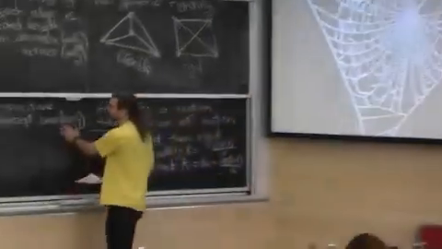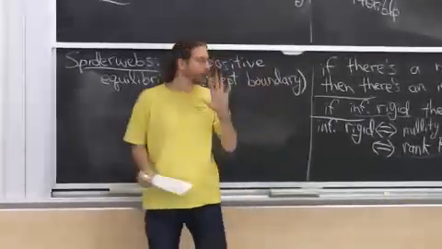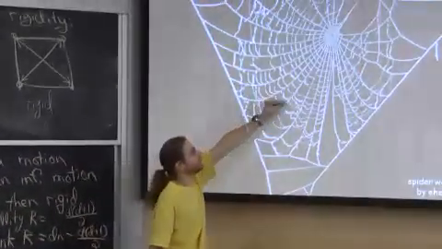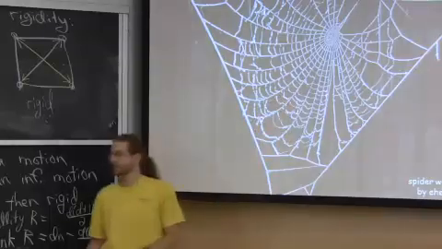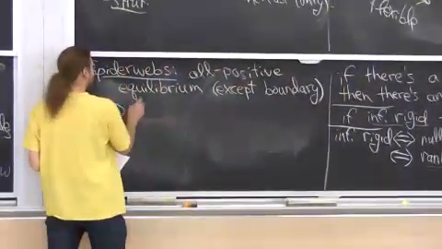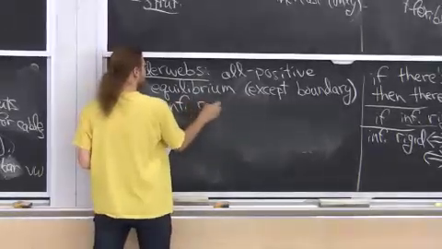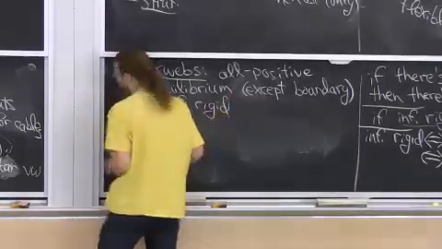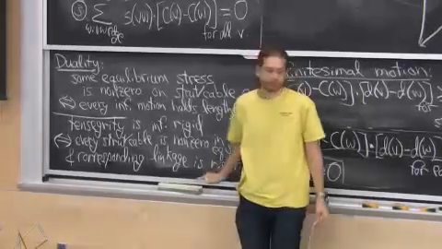So it's a little something special at the boundary. But everywhere else, in the interior, all these vertices in here, you have equilibrium, and all the stresses are positive. And it turns out in this case, you're automatically infinitesimally rigid. That tensegrity is infinitesimally rigid. Normally, we need to also check the underlying linkage is rigid, but for spider webs, you don't have to.